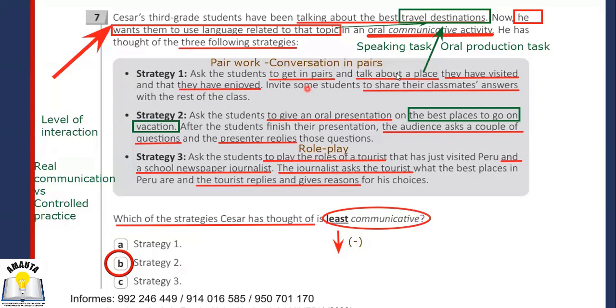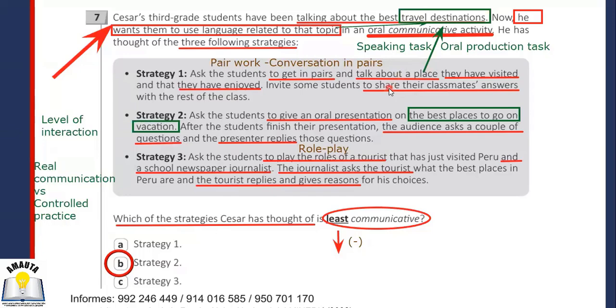There's good interaction between peers, yes, and they also are activities in which we generate scenarios to practice real life situations. In real life situations, right?